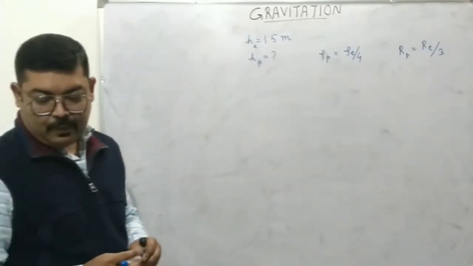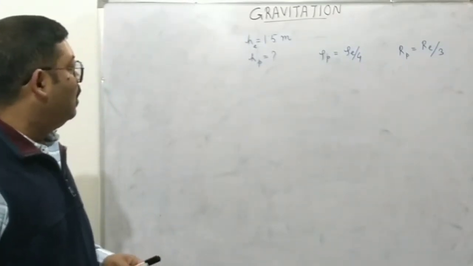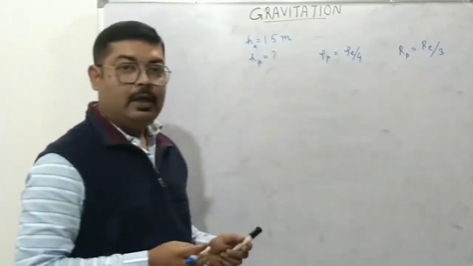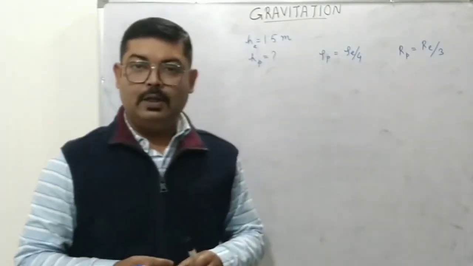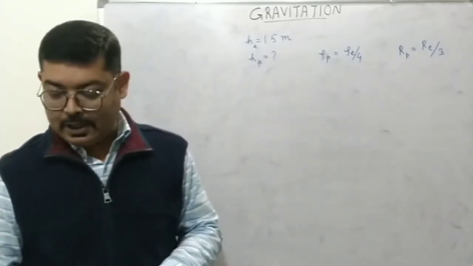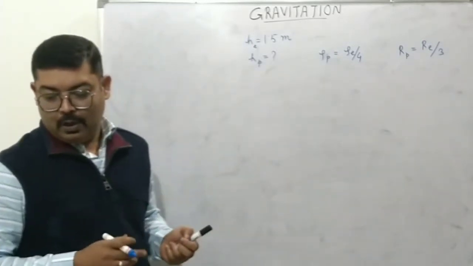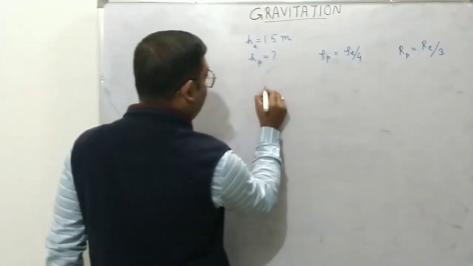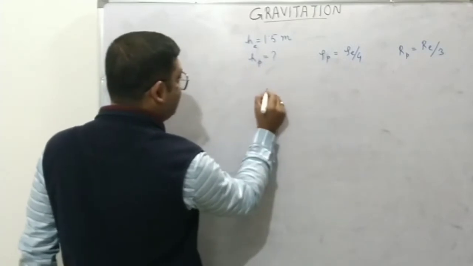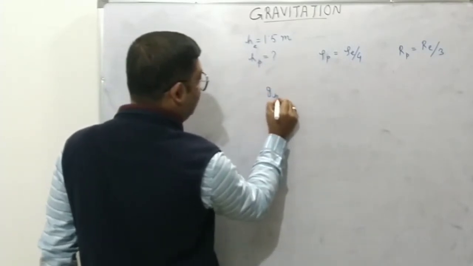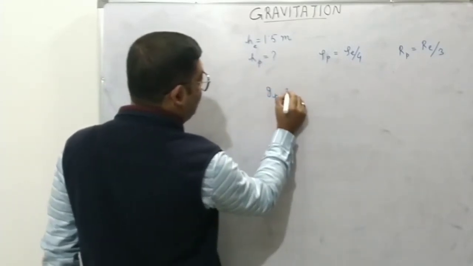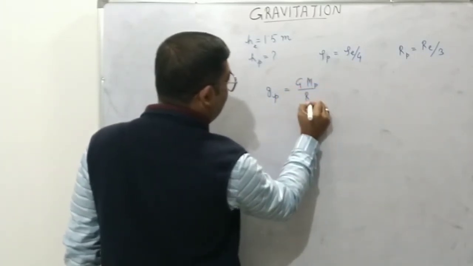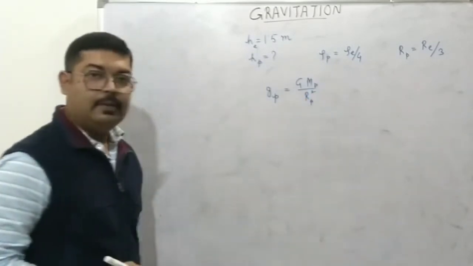Okay, so first of all, we will find the acceleration due to gravity in the new planet with respect to the Earth. Acceleration due to gravity of Earth we already know. So what will be the acceleration due to gravity in the new planet? In terms of the planet's values, it will be g, mass of the planet, divided by radius of the planet squared.